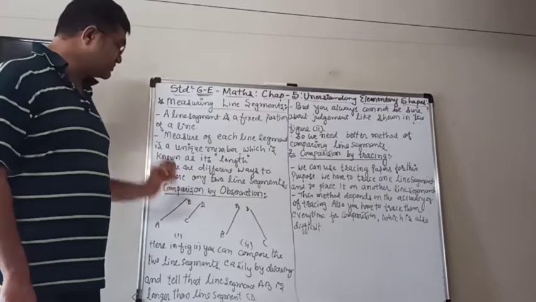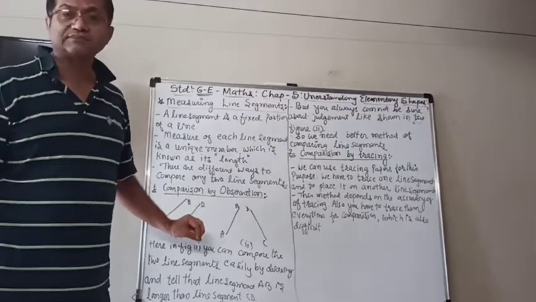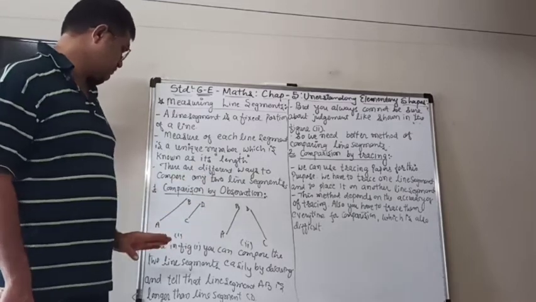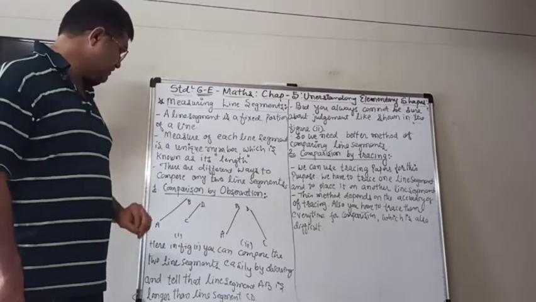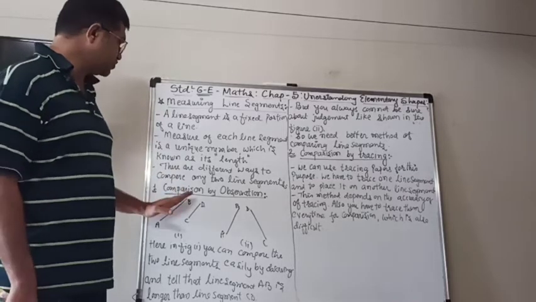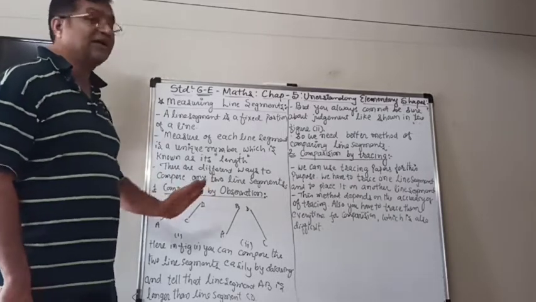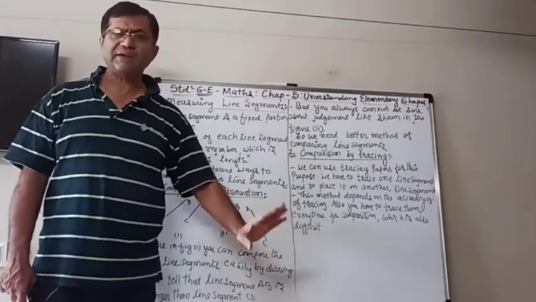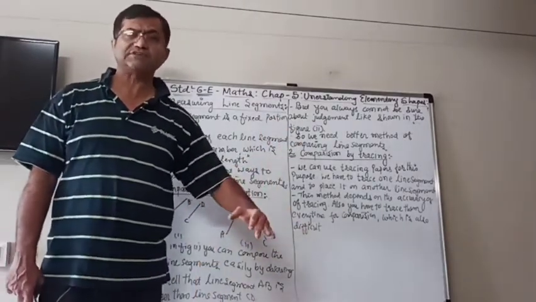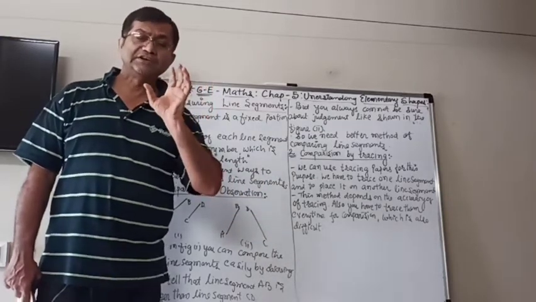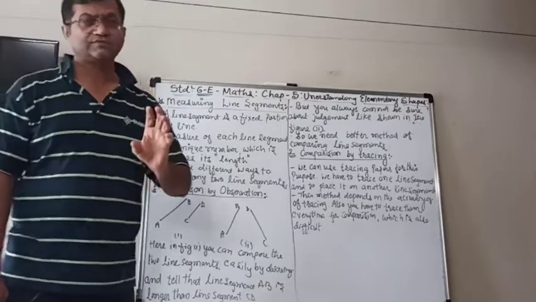So by observation only you can directly tell that line segment AB is longer and line segment CD is shorter, meaning the length of AB is more than the length of CD. Here the comparison is very simple because the difference in length is visible.